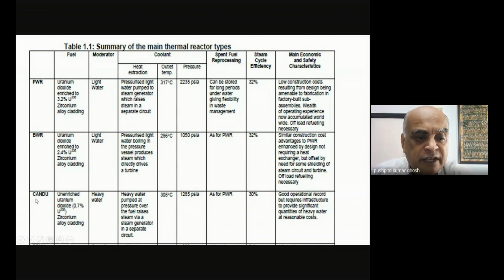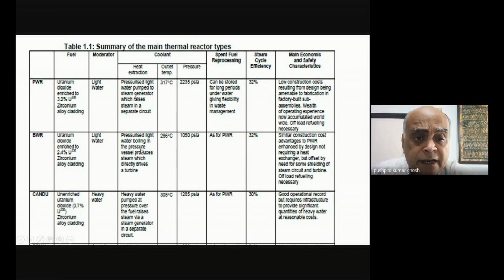And you can see CANDU, Canadian Deuterium reactor, it uses heavy water. In these you can see the uranium has been enriched to about 3% or thereabouts, and in this particular case you just use the natural grade 0.7% uranium. So that's a huge advantage.